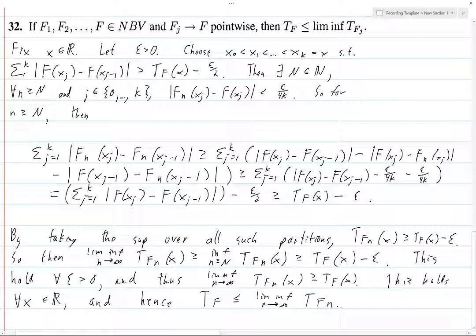I'll leave it to you to verify by a change of variables that this statement implies this statement. That shouldn't be too difficult, so I'll leave that to you. But after you do that part, you're done.